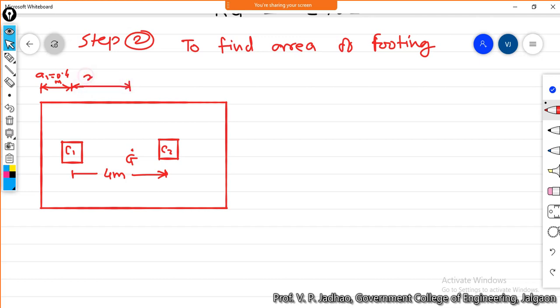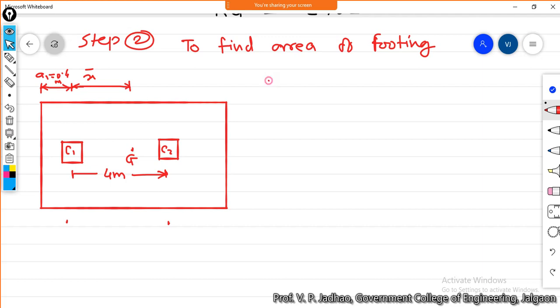Let us consider this particular distance is x bar. We are assuming that the center of gravity of these two loads which are acting on C1 and C2 is acting at point G, which is at a distance small x bar from the center line of C1.